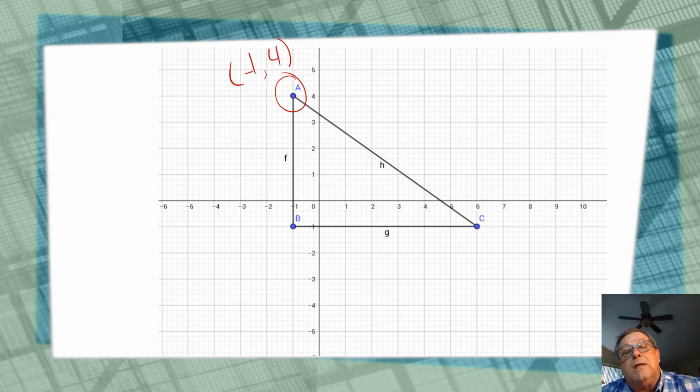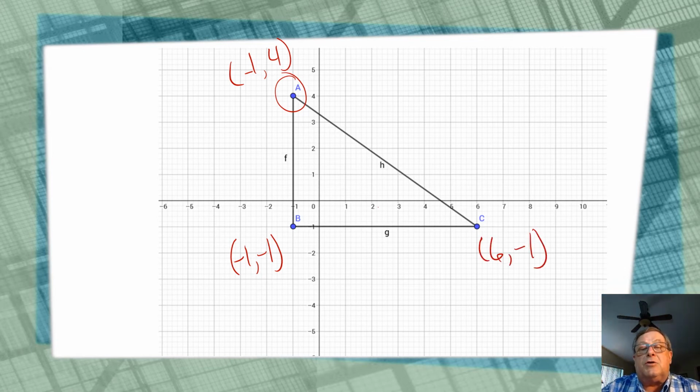The B vertex is x = -1, y = -1, so (-1, -1). And the C vertex is 1, 2, 3, 4, 5, 6, x = 6, y = -1, so it's (6, -1).